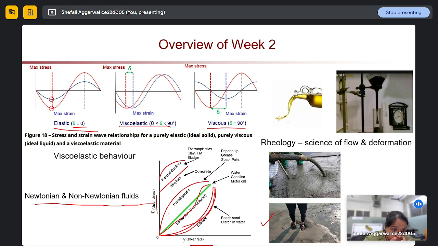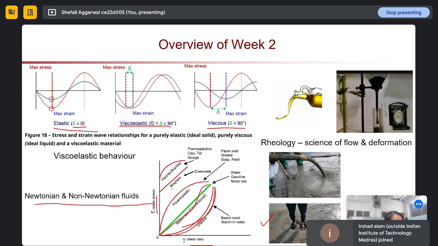The second example is shear thinning. An example of shear thinning is self-compacting concrete. In that type of concrete, we do not require any vibrator for the concrete to fill the gaps between the rebars. These are the different types of shear thinning and shear thickening non-Newtonian fluids.